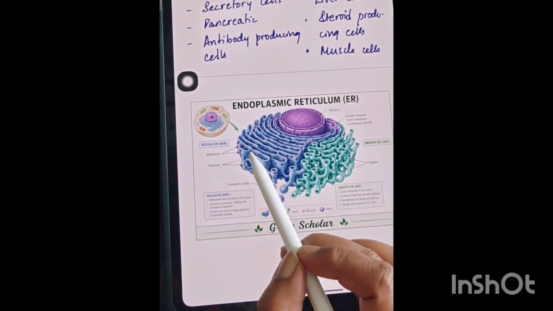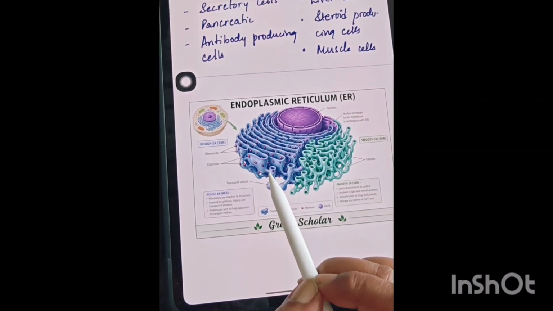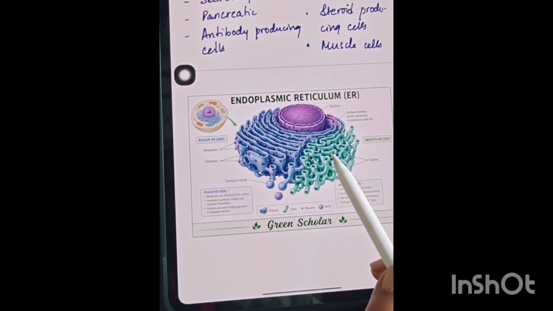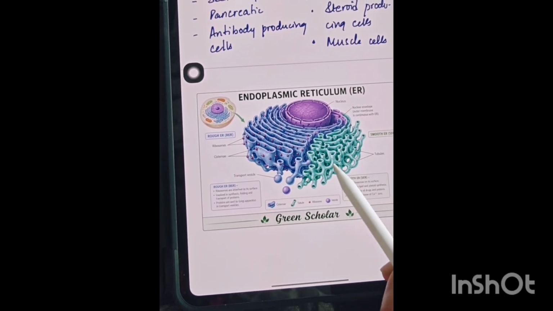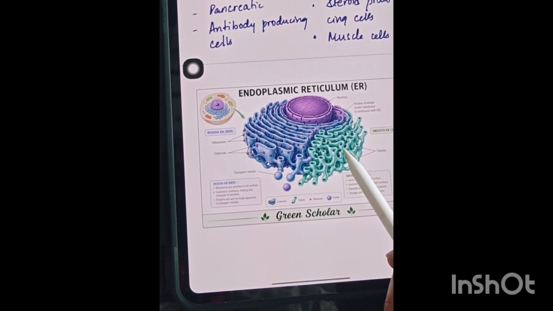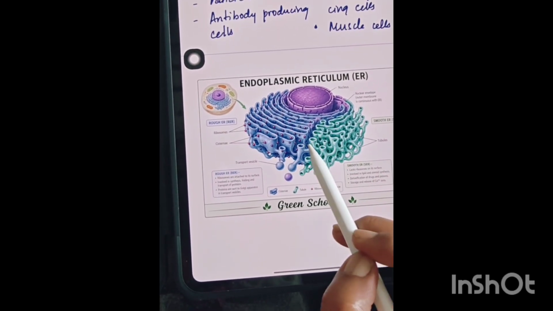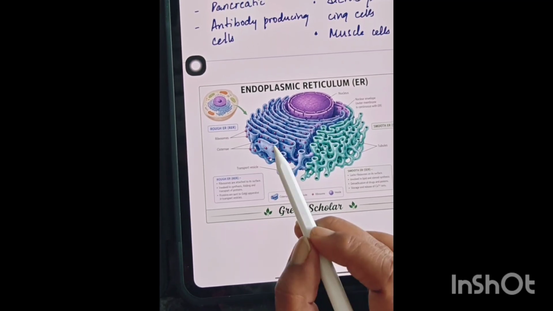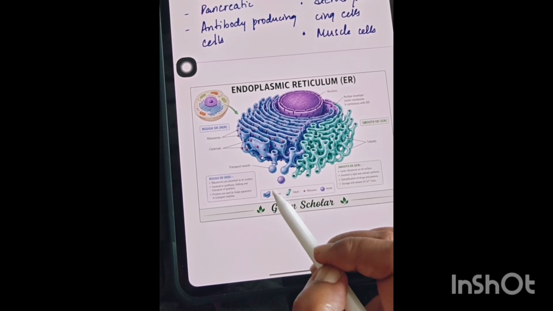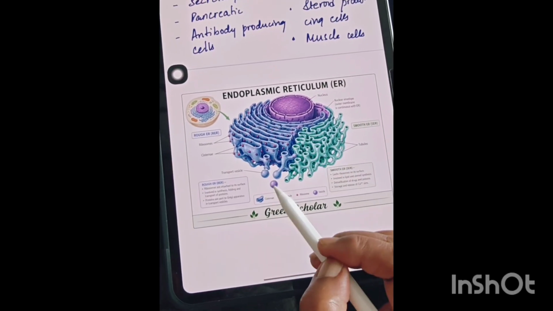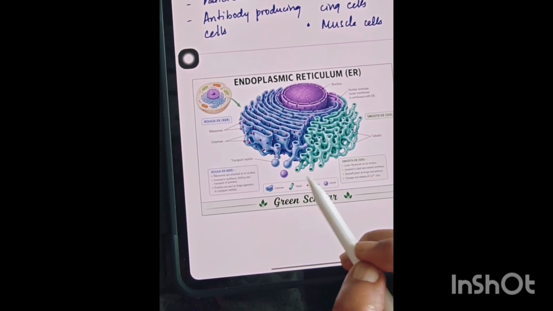On this side it is rough endoplasmic reticulum as ribosomes are present on the surface, and this one is smooth endoplasmic reticulum because there are no ribosomal attachments. These blue bodies forming the network are cisternae, these are tubules, and the small rounded bodies liberating out are the vesicles.